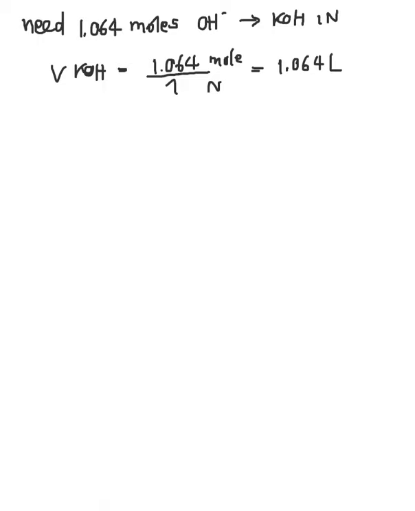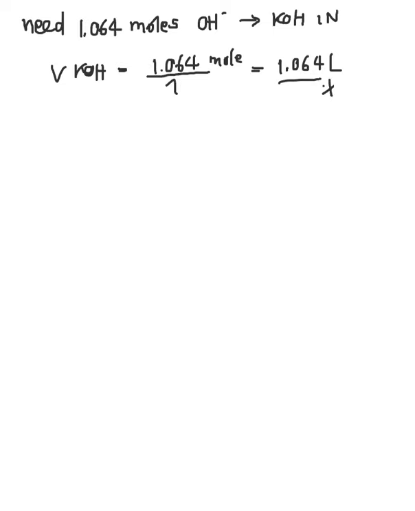Normal is actually similar to molar, and when we calculate it, we get the unit of liters as the volume. So for the final answer, the volume of KOH is 1.064 liters.